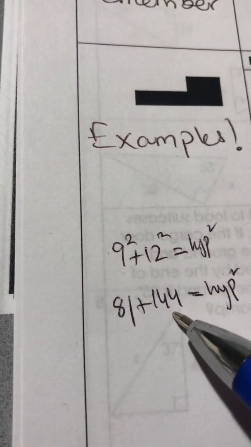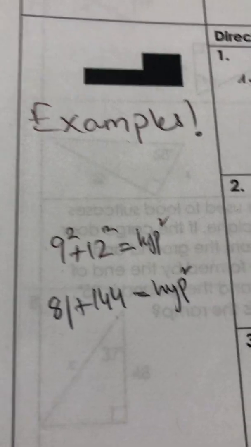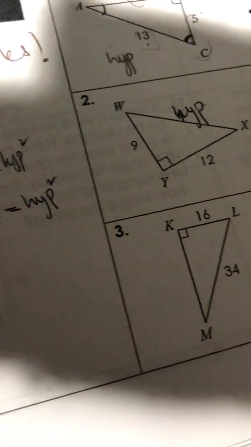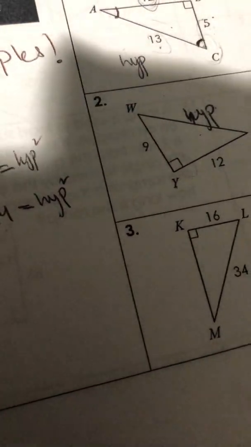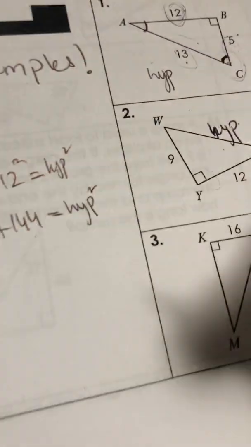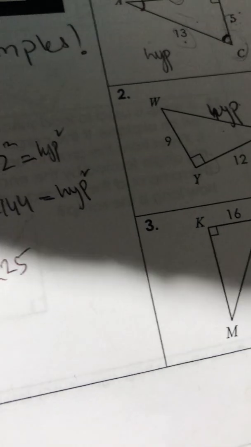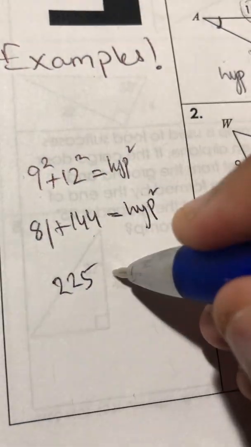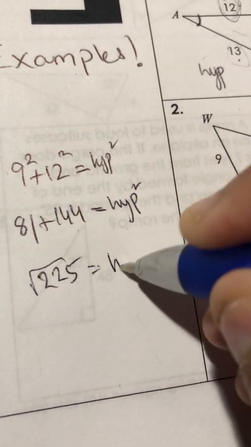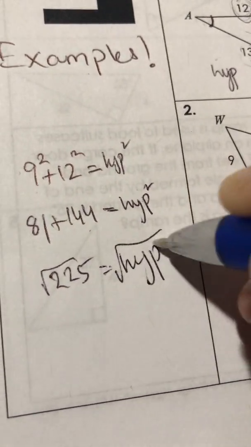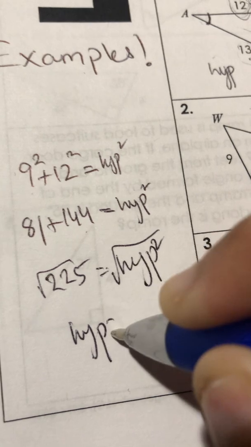Let's do the math. 81 plus 144 is 225, and the square root of 225 is 15. When we take the square root, we get the hypotenuse as 15.